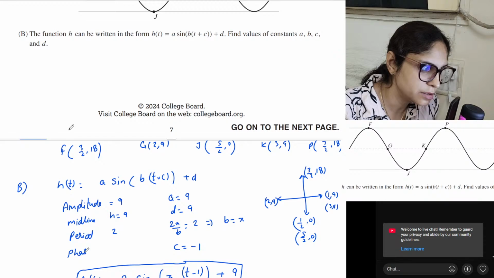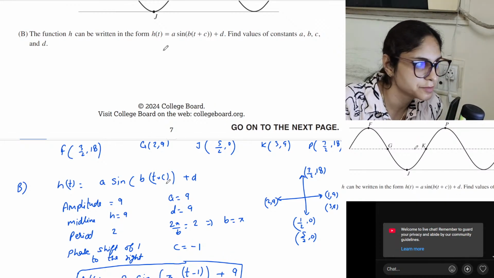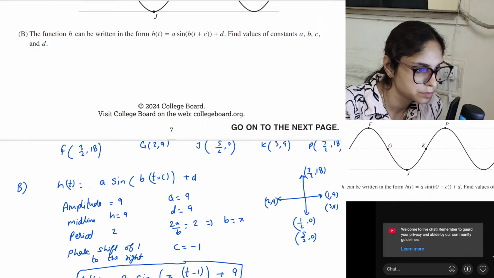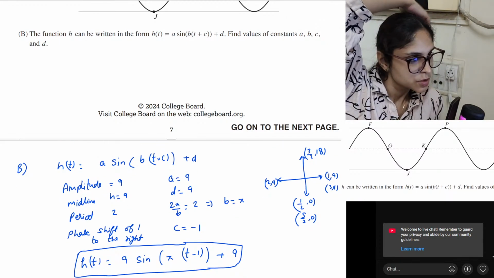We can also take 3, it doesn't matter, because the period is 2, so 3, 1, they all mean the same thing. And this is a unit circle because we're trying to find out what values we are having. So yeah, that is it.